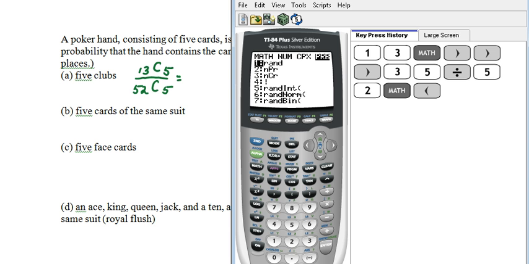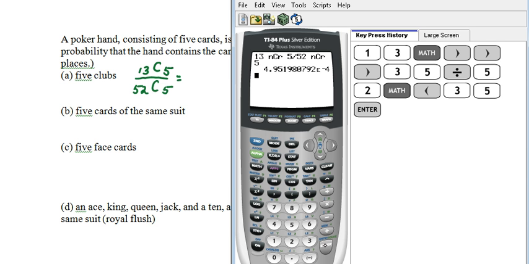And notice I could use the left arrow once to get to the probability menu instead of the right arrow 3 times. I'm going to press 3 for NCR and 5 again. And when I press enter, I get 4.9519, etc., e to the negative 4.